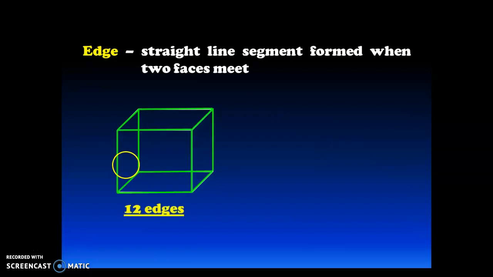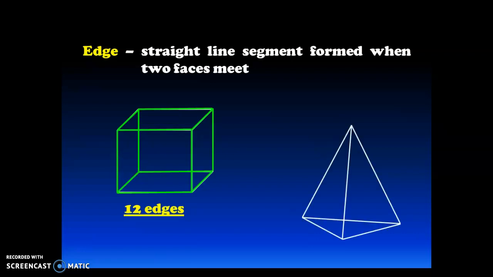So this cube here has 12 edges. Now for this pyramid, how many edges do you think it has? Let's count. 1, 2, 3, 4, 5, and 6. So this pyramid has 6 edges.